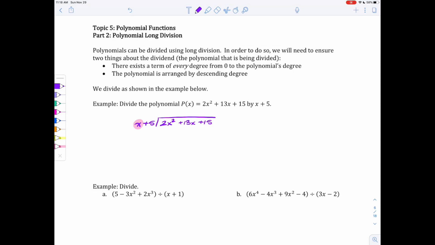So for startsies, I look at how many times x goes into 2x squared. So if I take 2x squared, divide by x, I will get 2x. What I do next is I multiply 2x by this entire term of x plus 5.